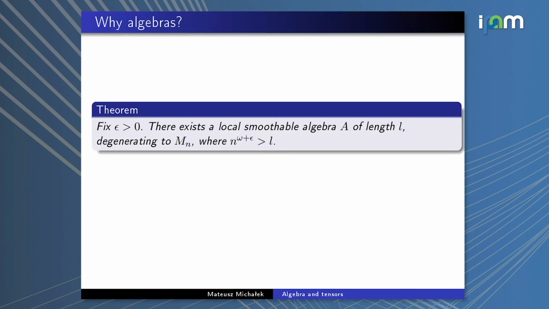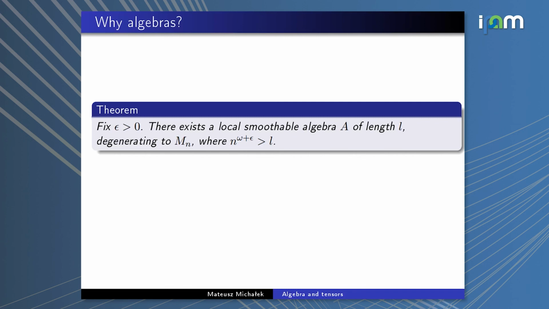So you could ask why algebras, because there was this negative result that smoothable algebras will never allow us to prove that omega is equal to 2. Well, it's quite easy to prove also the opposite theorem, that it's enough to look at local smoothable algebras to get as good an approximation of omega as you want.